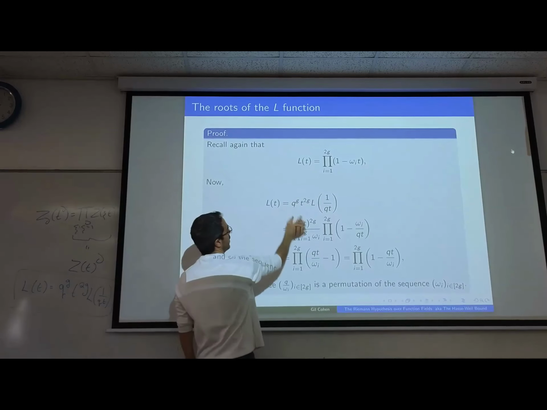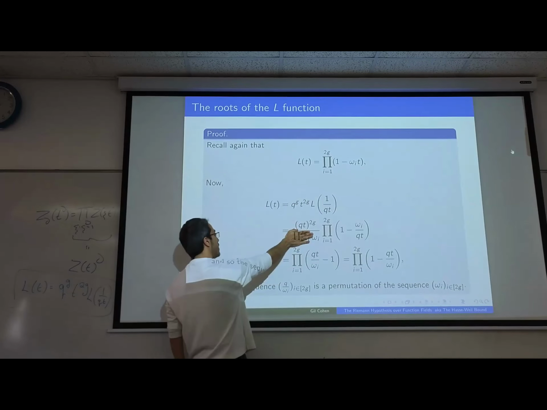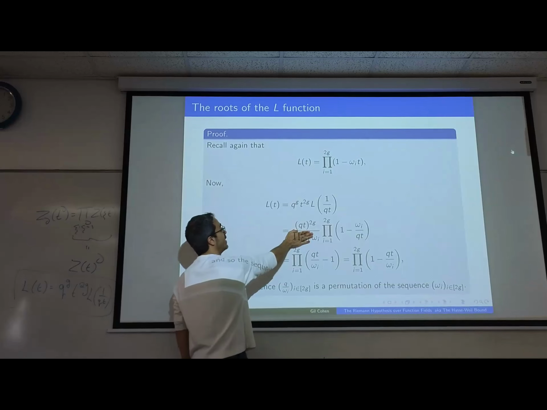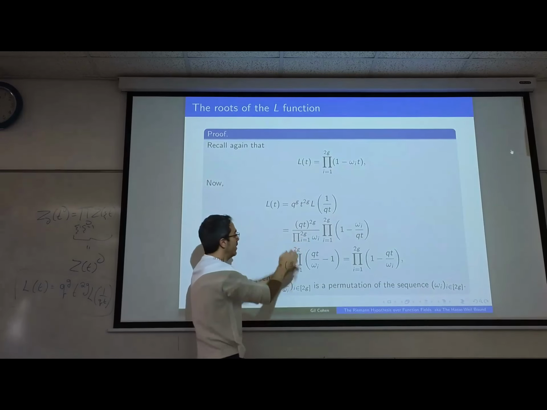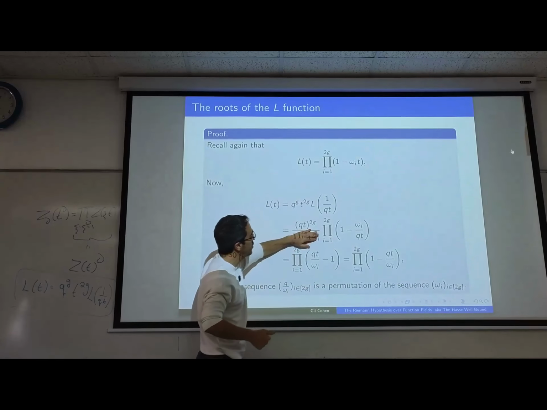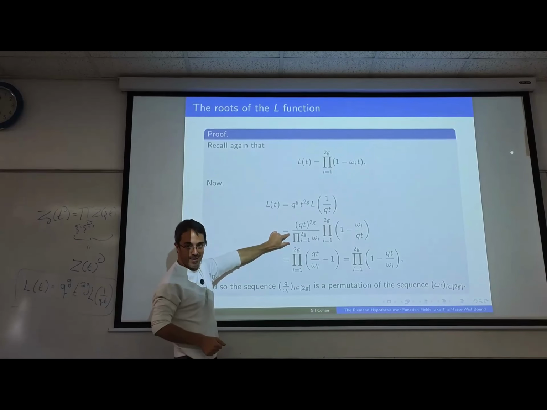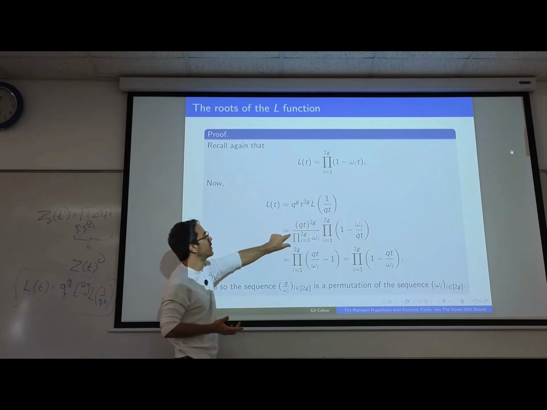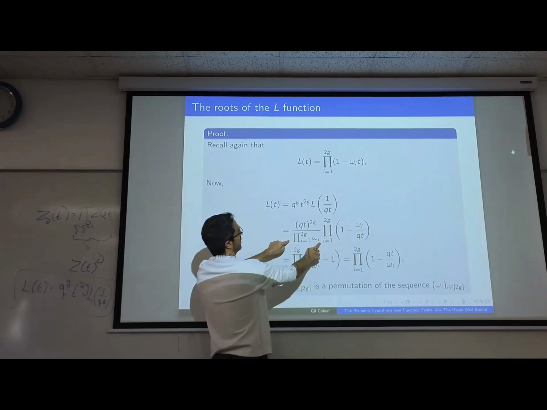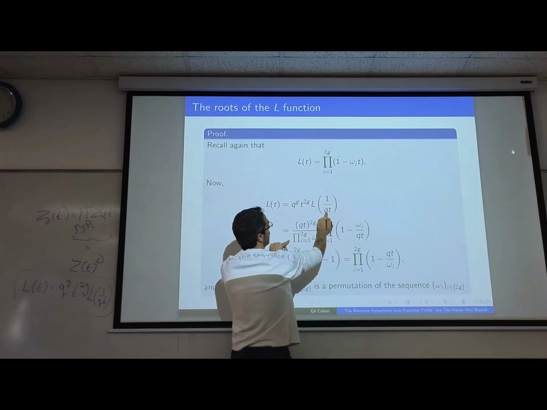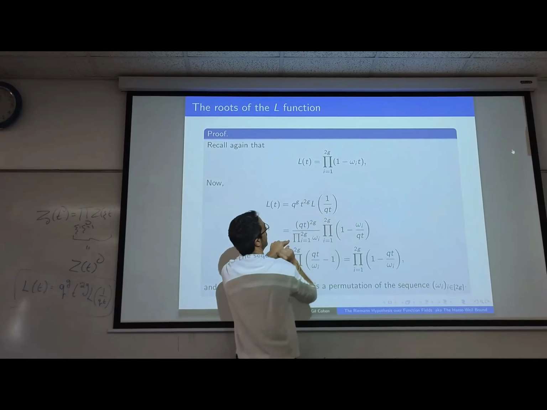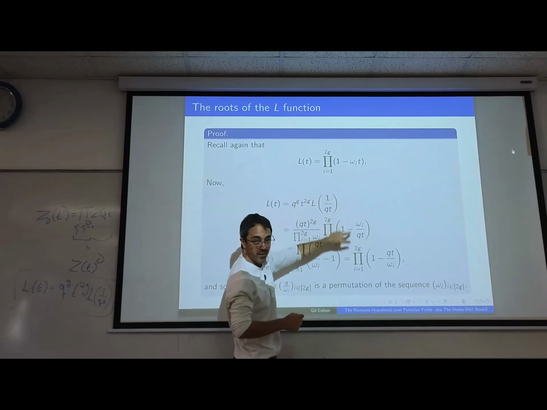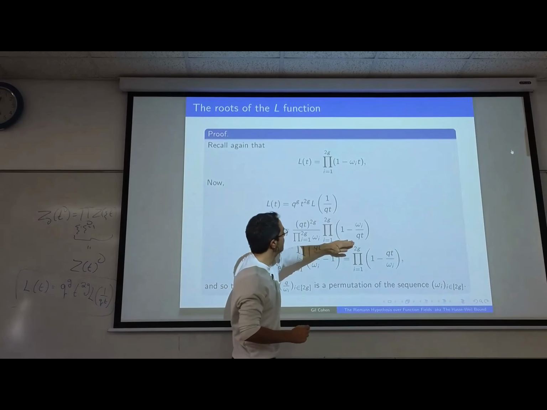So I'm multiplying by q to the g. Right, so now I have qt to the 2g, and I need to divide by q to the g. But I know from before that q to the g is the product of the omega i's. So I kind of write it like that deliberately, weirdly enough. So that's this part. And then L of 1 over qt is just substituting, instead of t, 1 over qt there. So that's what I did here.